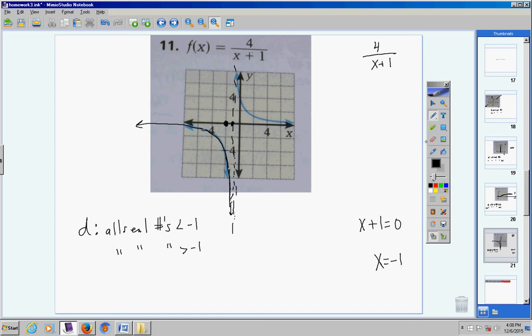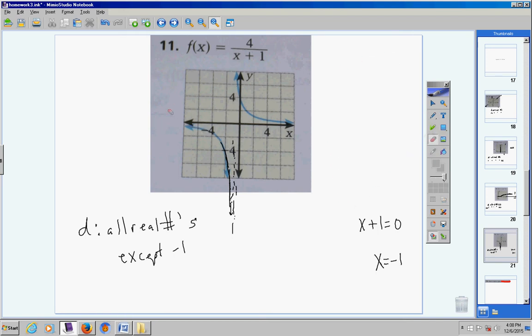So in other words, the best way to say this is your domain's going to be all real numbers except negative 1. That's going to be your domain. Okay? That's a tough one, I know. I'm not going to quiz you or test you on that. We'll be looking at problems like this way in the future toward the end of the year this year, okay? Alright, now. But it's still good for you to see these.